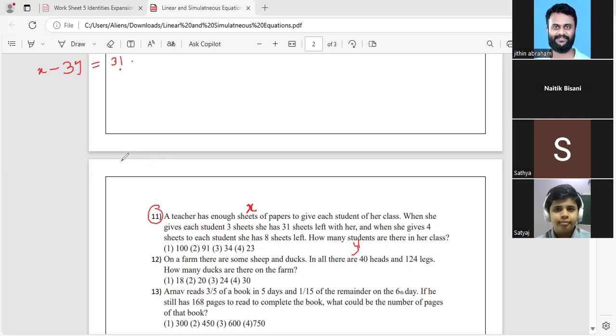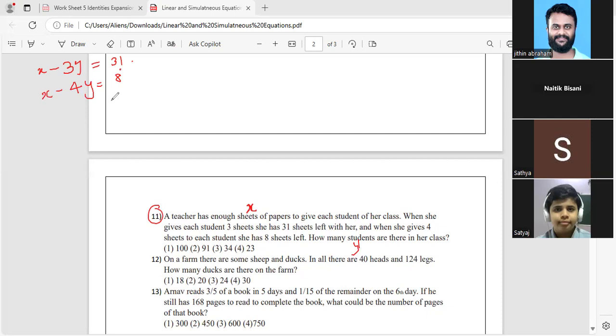Yes, sir. Great. Now, second time, what did she do? She gave 4 sheets to each student. So she had x sheets minus 4 sheets to each student. That left 8 sheets with her. I hope I'm clear.